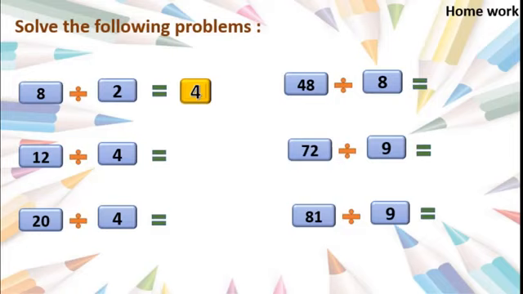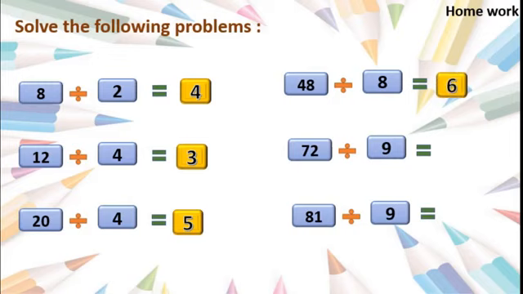Okay. 12 divided by 4. So 4 3s are 12. So 3 is the answer. 20 divided by 4. Here 4 5s are 20. Isn't it? So 5 is the answer. 48 divided by 8. 8 5s are 40, 8 6s are 48.